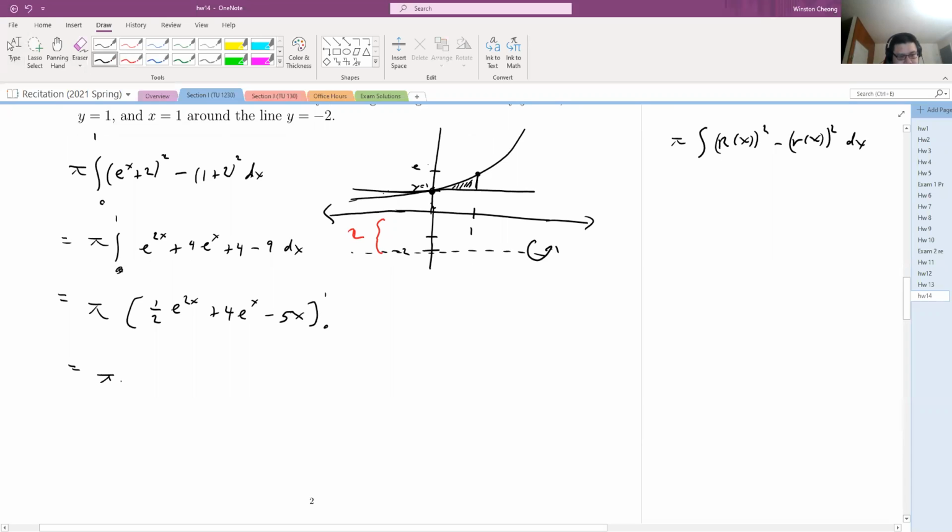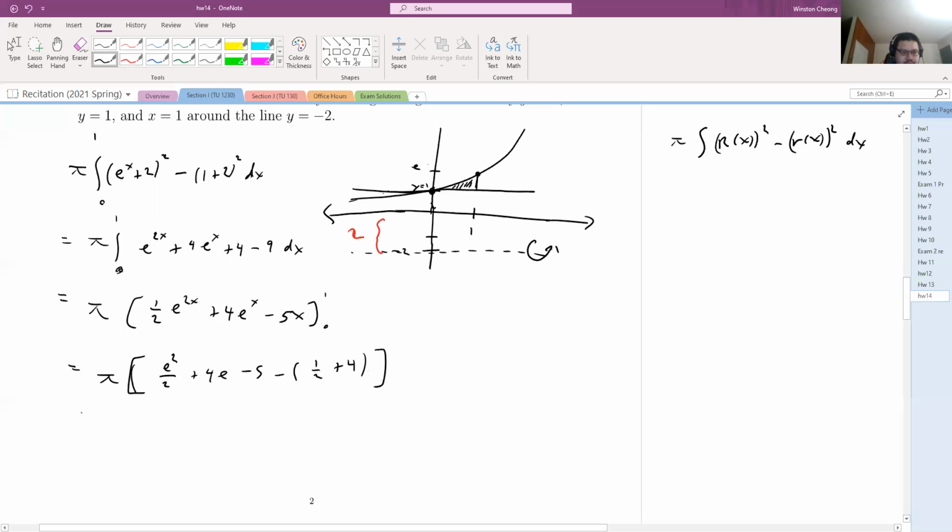And lastly, when you do that evaluation, let me see, how bad does it get? It's not too bad. Plugging in 1, you'll get e squared over 2 plus 4e minus 5. When you plug in 0, for the exponentials it doesn't completely kill them, so you have to keep track of things still: minus 1/2 plus 4.